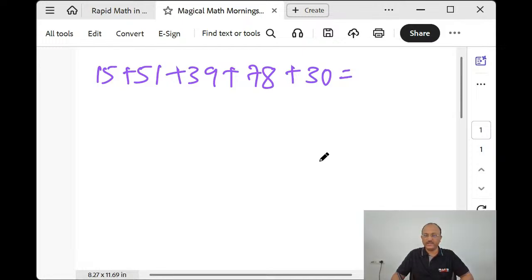Correct? No? Close buddies. Oh, very fast. And that is perfect also. No, it's not 211. Small mistake. Yes. 213 is the right answer.